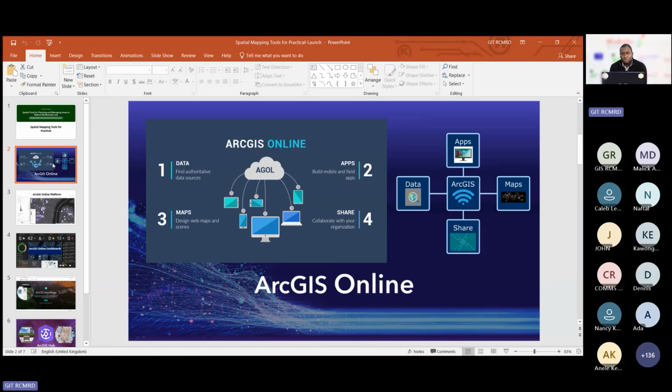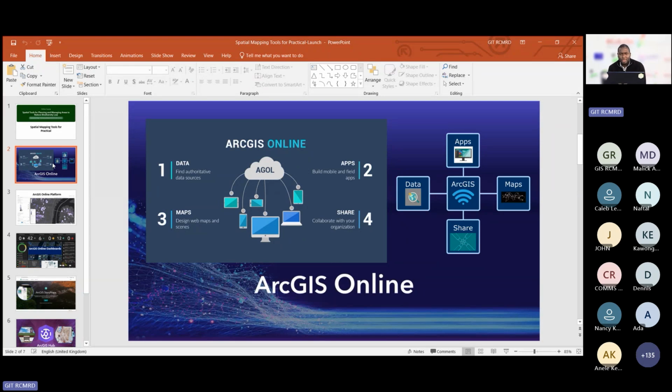You can also use data that is already hosted within ArcGIS Online. Because when you are using the platform, you can choose to share your data publicly. And if you have shared your data publicly, then that particular data can be used by anyone using the platform.